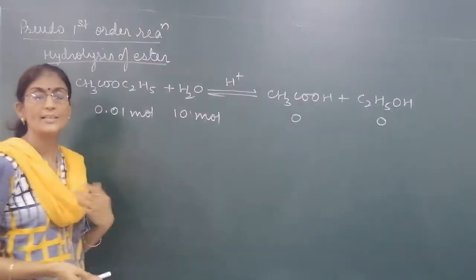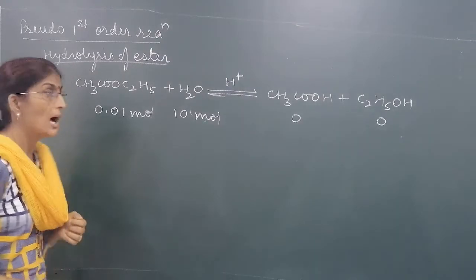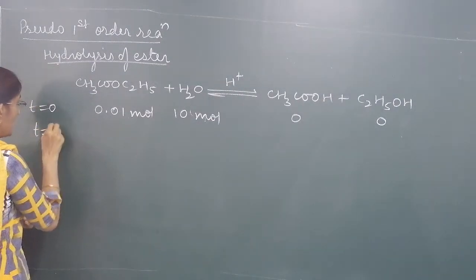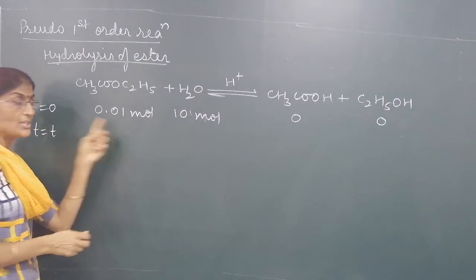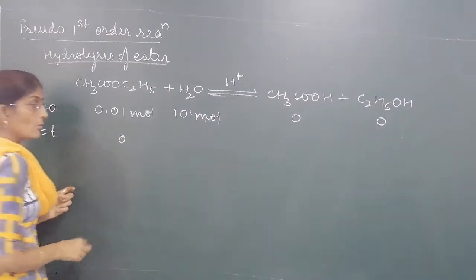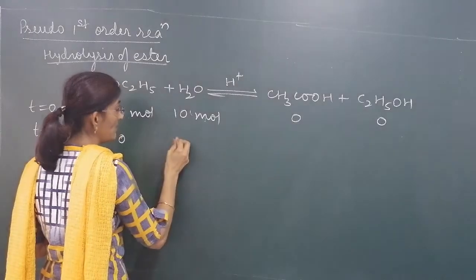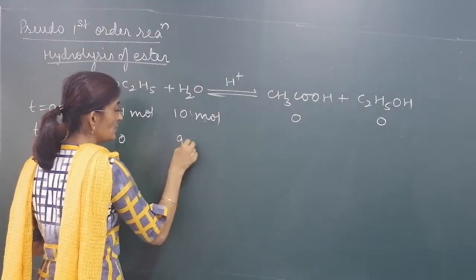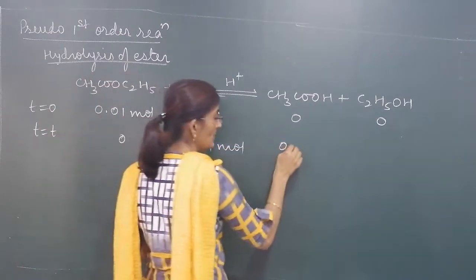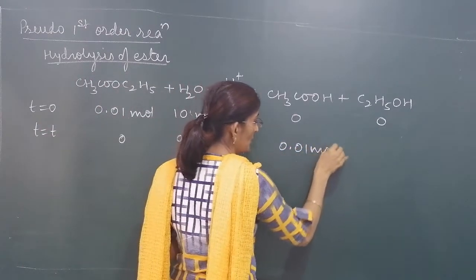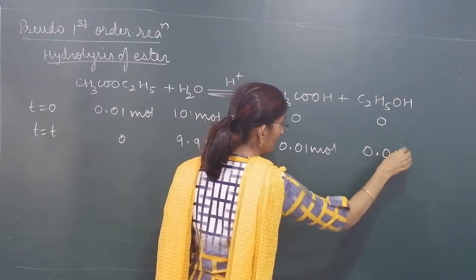Initially acetic acid and ethanol will be 0. After some time, suppose after time T, the ester will completely react, it is the limiting reagent, so this will become 0. What is the left concentration of water? 10 minus 0.01, so it will be 9.99 moles. And these are formed, 0.01 mole and 0.01 mole.